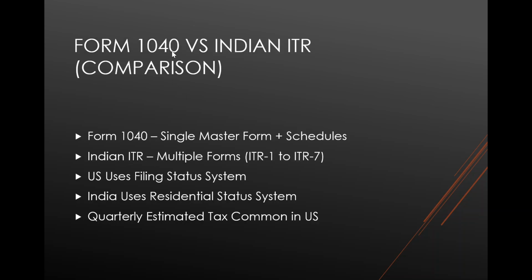And now the comparison between form 1040 and Indian ITR. Form 1040 is a single master form, plus there are various schedules as per the requirements. So if a person has various income or deductions to file, various schedules are there. In India, there are multiple forms for ITR, from ITR 1 to ITR 7. US uses the filing status system, whether you are single or married filing jointly, married filing separately, or qualified surviving spouse or head of household.